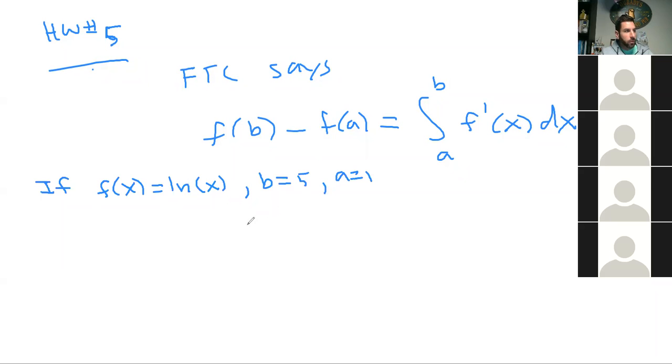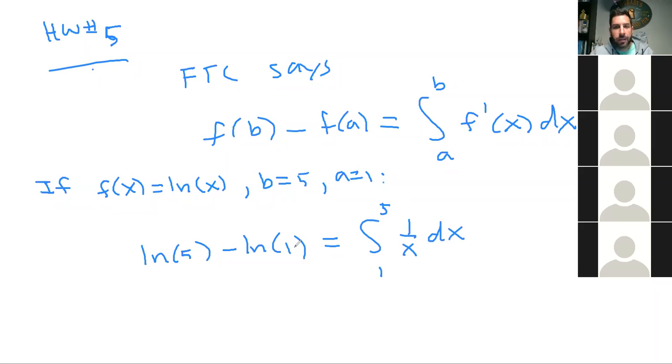Also, what's important to note is if you do this, you get log of 5 minus log of 1, which equals this integral from 1 to 5. What's the derivative of log? It's 1 over x. But the beautiful thing about choosing 1 is that this guy goes away.